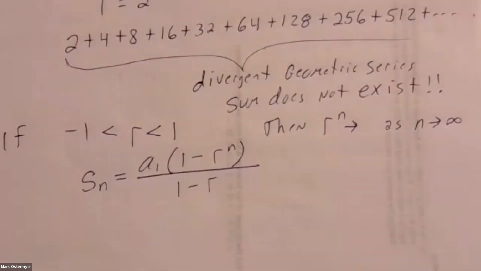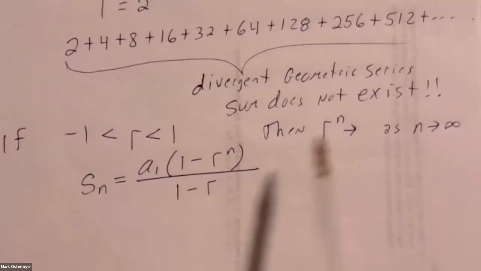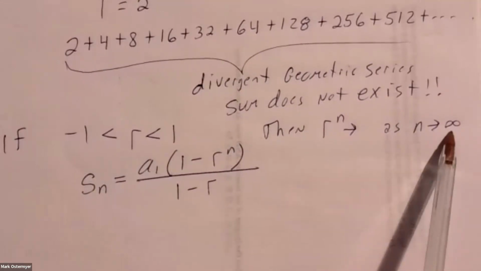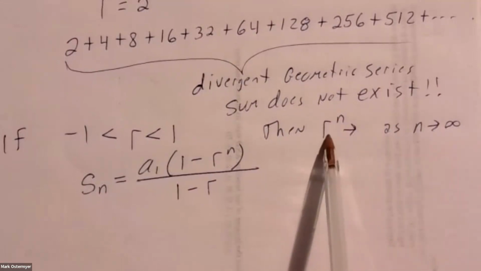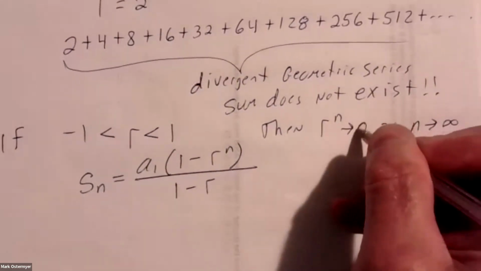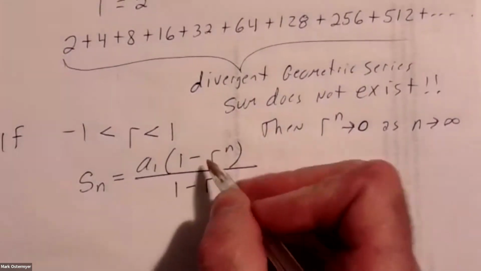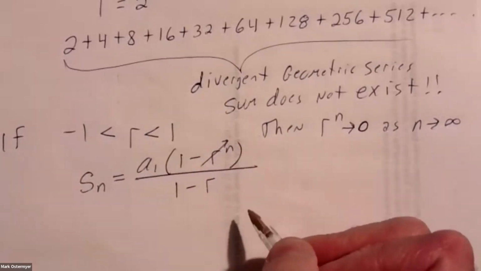And that's true for any fraction that is between 1 and -1. When you raise it to a larger and larger power, as you allow the exponent to approach infinity, grow without bound, then that fractional value will always approach 0. And therefore, what happens to this term in the formula as n approaches infinity?